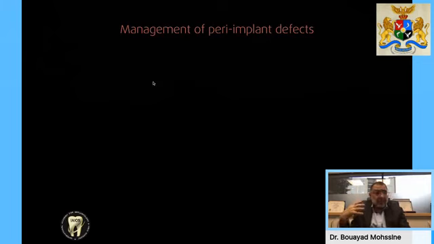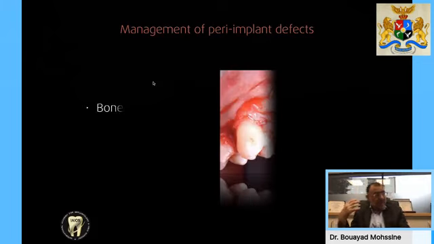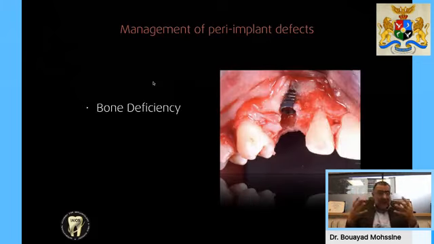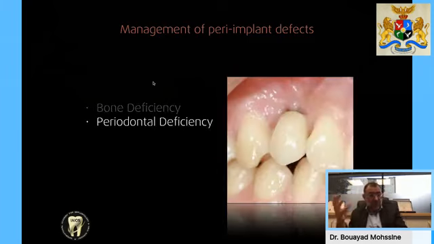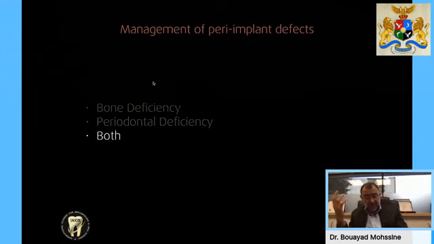Before starting to manage soft tissue, we have to manage, first of all, the bone deficiency. When we place our implant in this area, we have to reconstruct the bone around the implant. Sometimes in the temporary phase, we have a deficiency of periodontal tissue, and sometimes we have both.